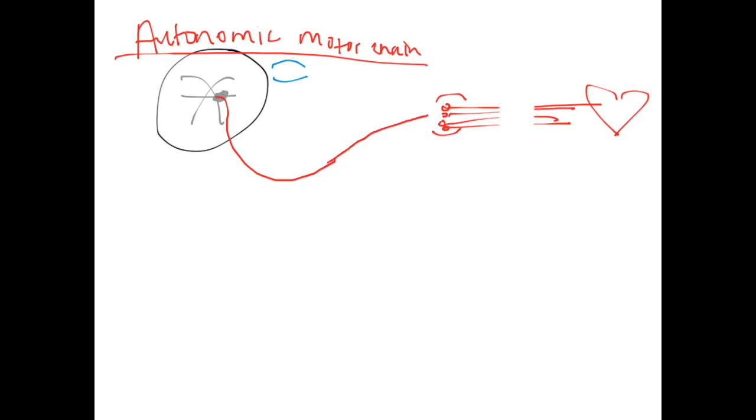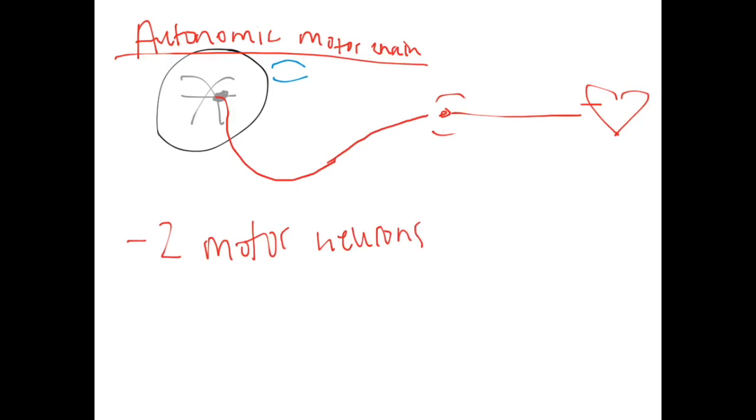I'm also going to clean this up. There are a bunch of cell bodies in that ganglion, but we only want to look at this one cell body that we're going to have a synapse with. So we see with our autonomic motor chain, we have 2 motor neurons. And we have something called a ganglion. Remember, that's holding cell bodies.